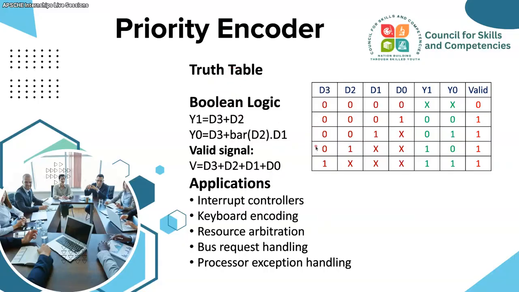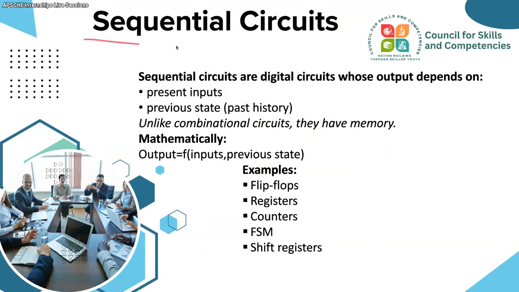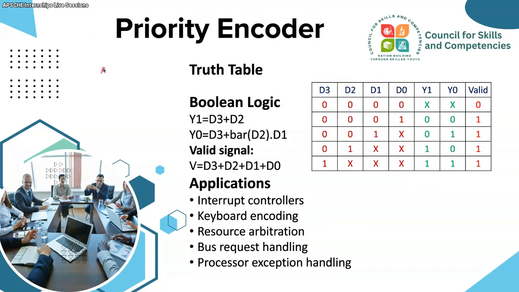From this onwards, we will look into sequential circuits. In a nutshell, for the combinational circuit, the output depends on the current input. When the current input changes, the output changes. That's it.